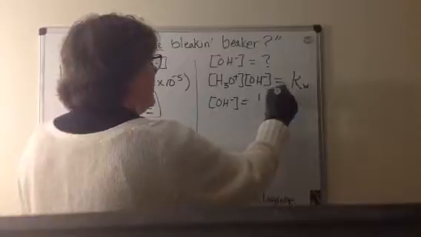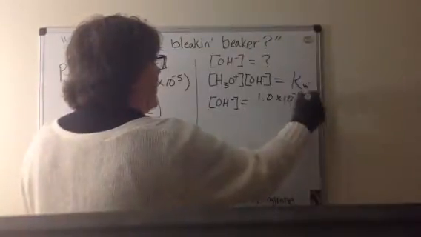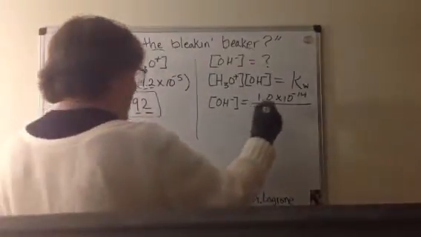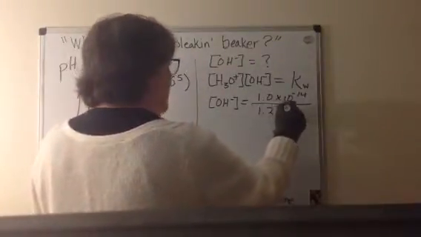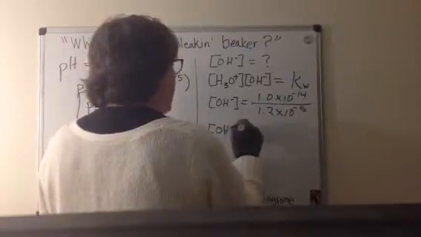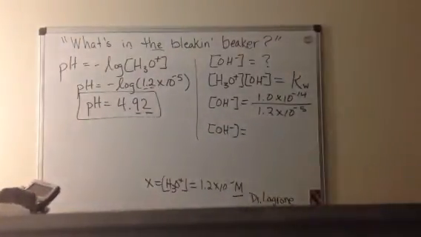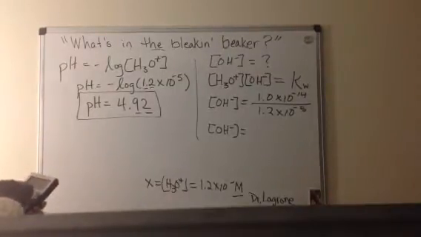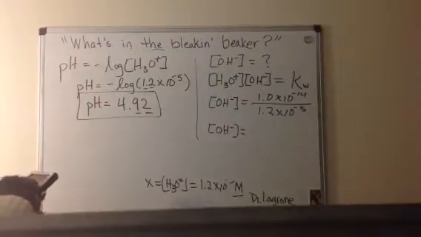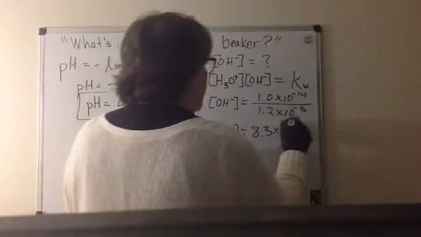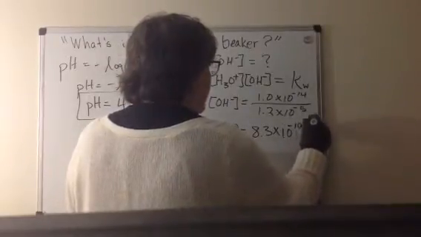So take 1.0 times 10 to the negative 14 and divide it by the one you know, which is hydronium ion, 1.2 times 10 to the negative 5. And you end up with 8.3 times 10 to the negative 10, and that's a concentration.